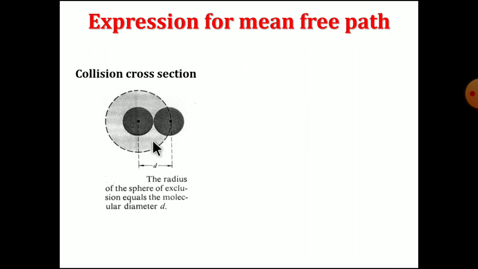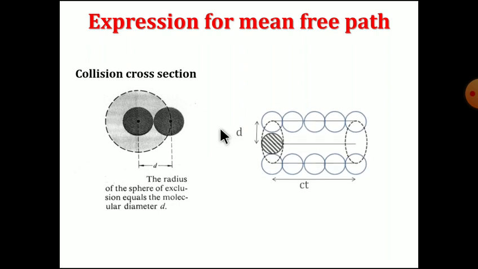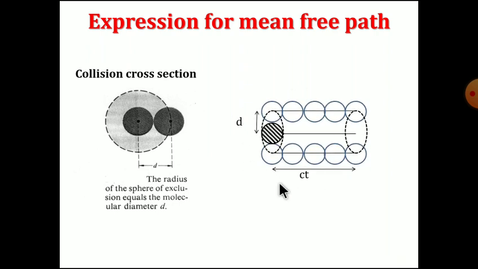Now, how such a sphere of exclusion forms, we have to explain here. Here we consider these different molecular layers. This is layer 1, this is layer 2, and in between these two we choose one of the colliding molecules. It collides with all the rest of the gas molecules, and a number of collisions can take place.